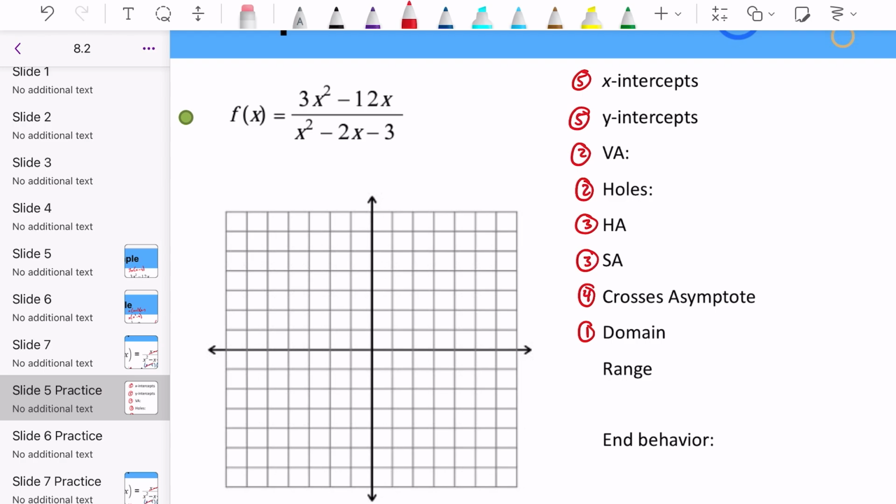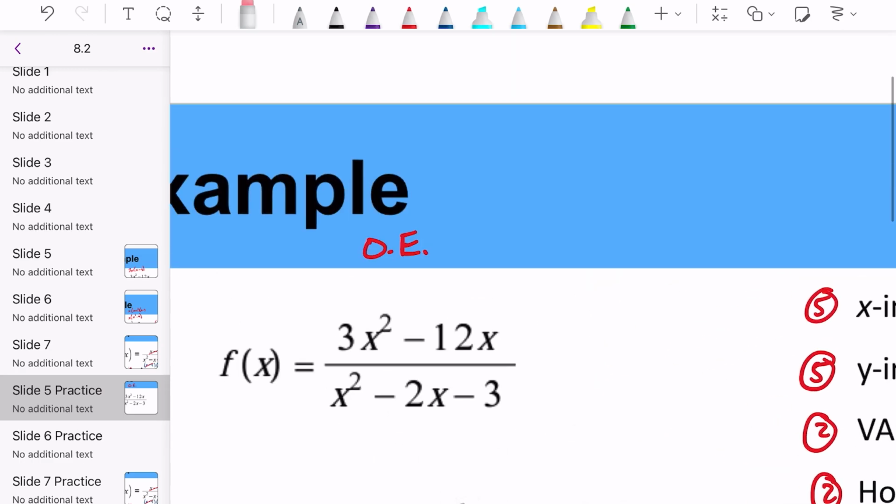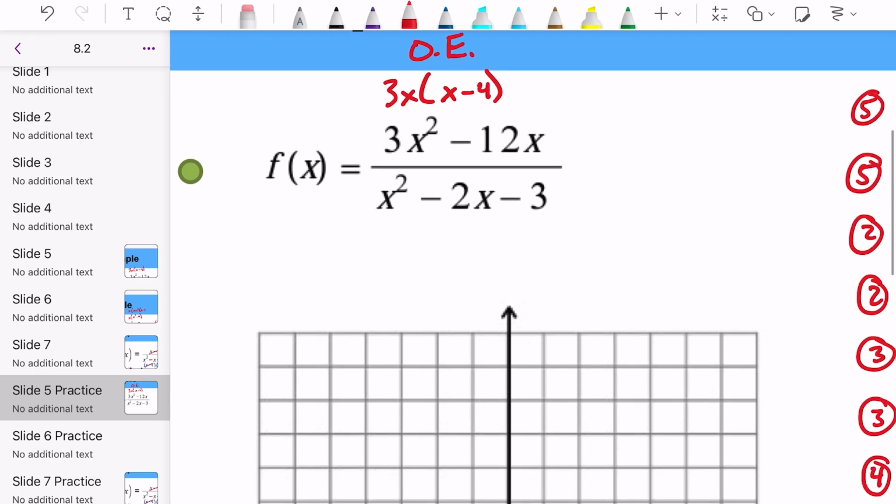So let's first begin with our domain. When we are looking at our domain, we are first going to break down our original equation. Now this right here is our original equation, and we're going to break it up into its factors. So in this case, this top numerator would be 3x times x minus 4, and our denominator would be x minus 3, x plus 1.